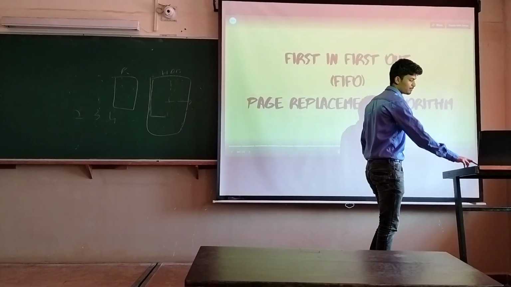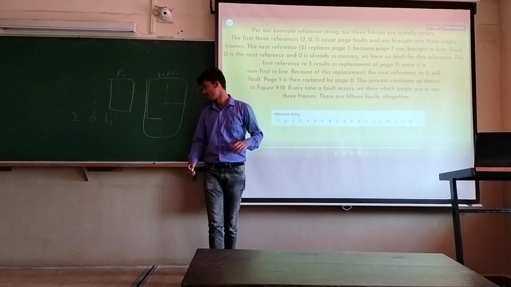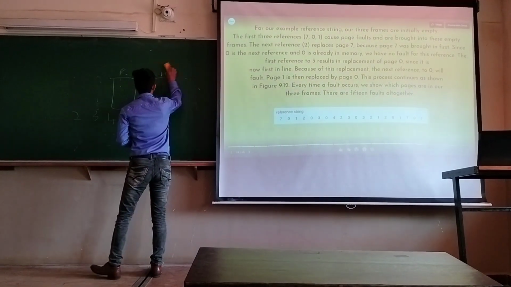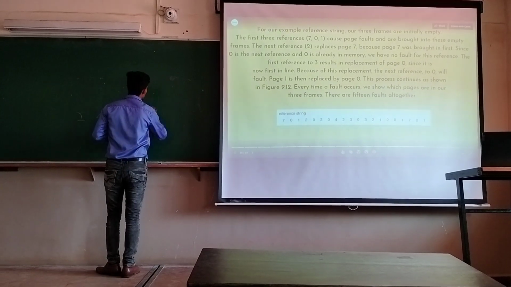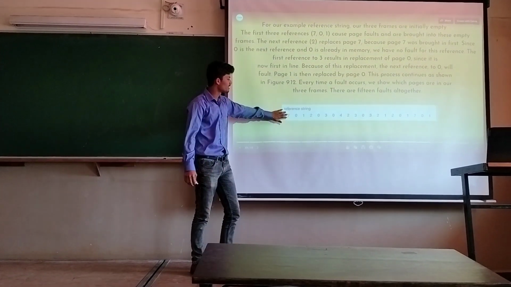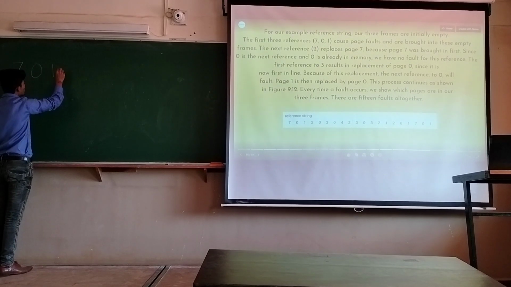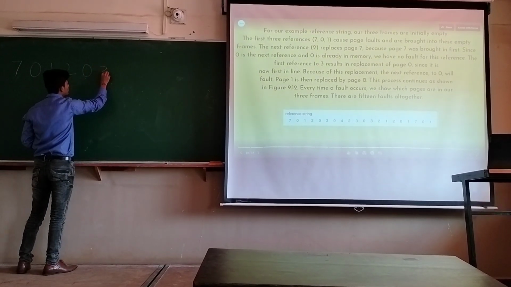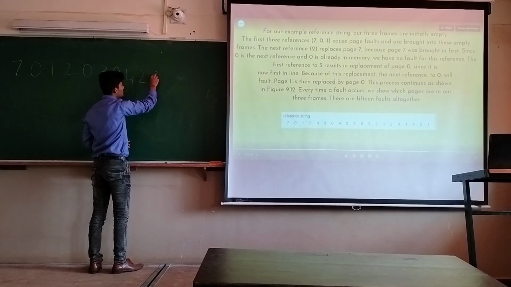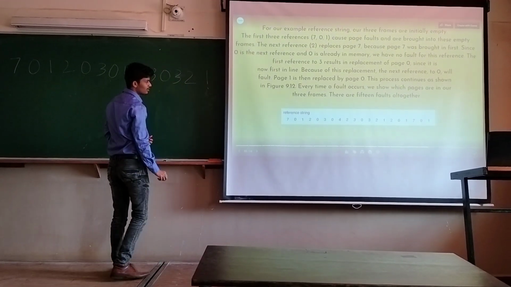So now we'll go to our algorithm. This is the reference string generated: 7, 0, 1, 2, 0, 3, 0, 4, 2, 3, 0, 3, 2, 1, 2, 0, 1.